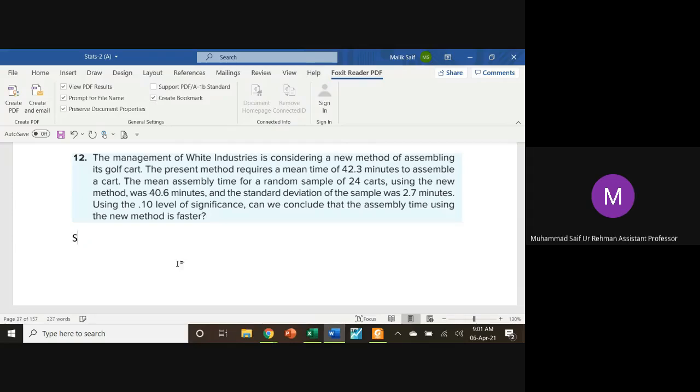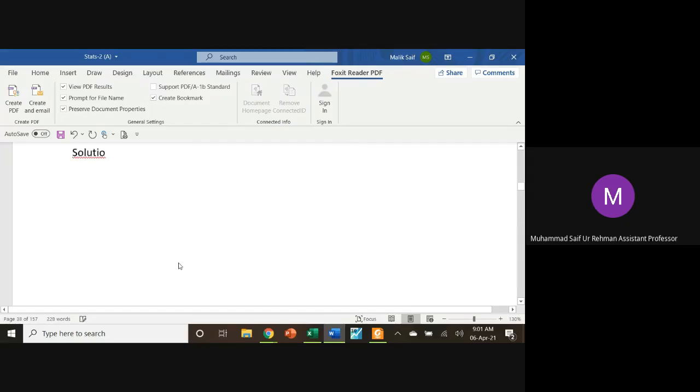Step 1, definitely you will write down solution. Then step 1, null and alternate hypothesis.